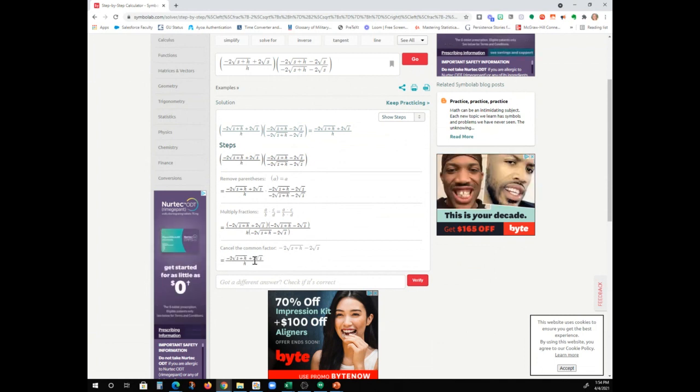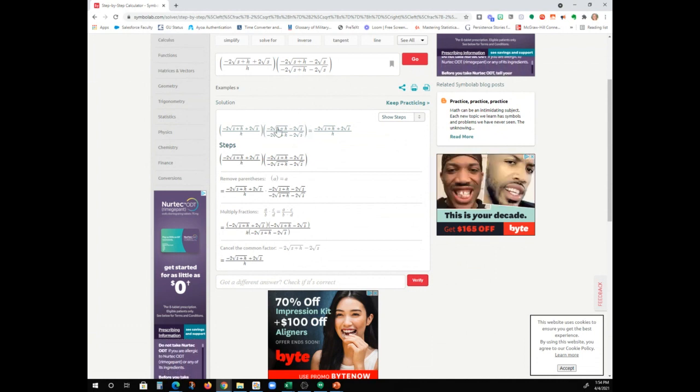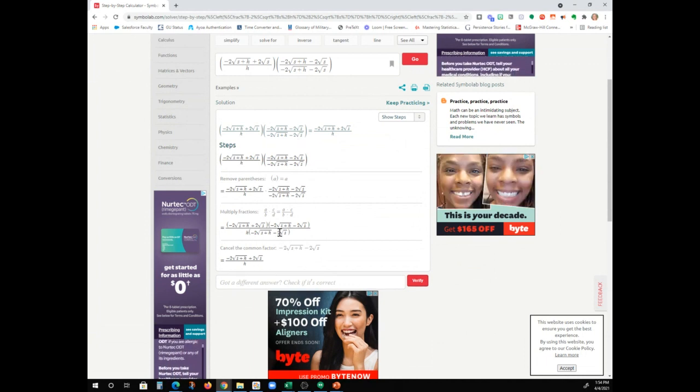Well, this can't be right because we've still got a numerator on the top. We should end up with something on the bottom. Oh, that's okay. I see what it's doing. This is weird because when I did this before, it didn't do it this way. Okay, so Symbolab, it multiplied stuff out here, and then it just canceled out what we multiplied by.